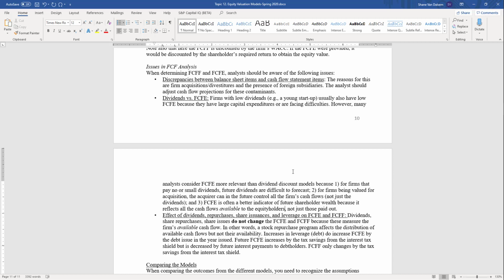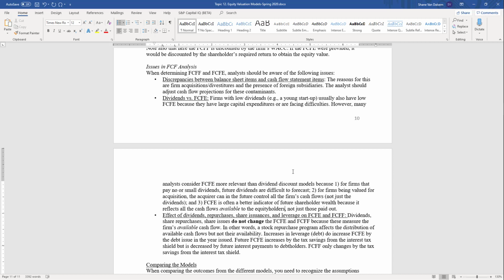Effects of dividends, repurchases, share issuances, and leverage on FCFE and FCFF. So this is key. Dividends, share repurchases, and share issues do not change the free cash flow to equity holders and the free cash flows to the firm. Because if you think about it, we start with the operating income generated by the company. We pay out everything that's required to be paid out to maintain the company.